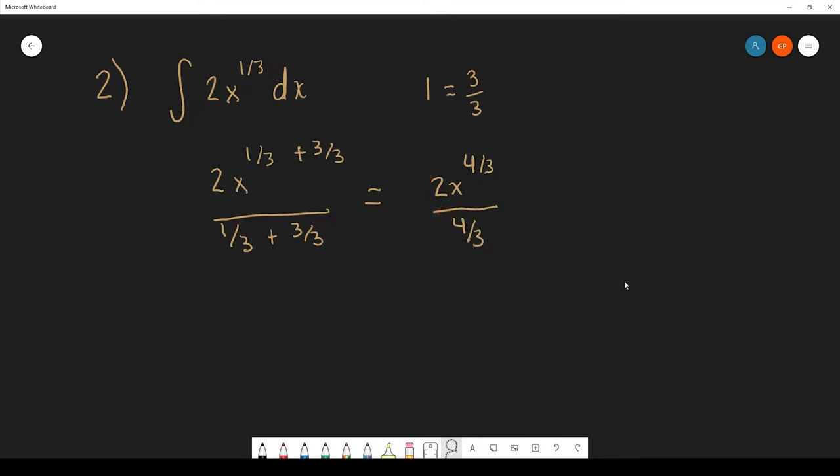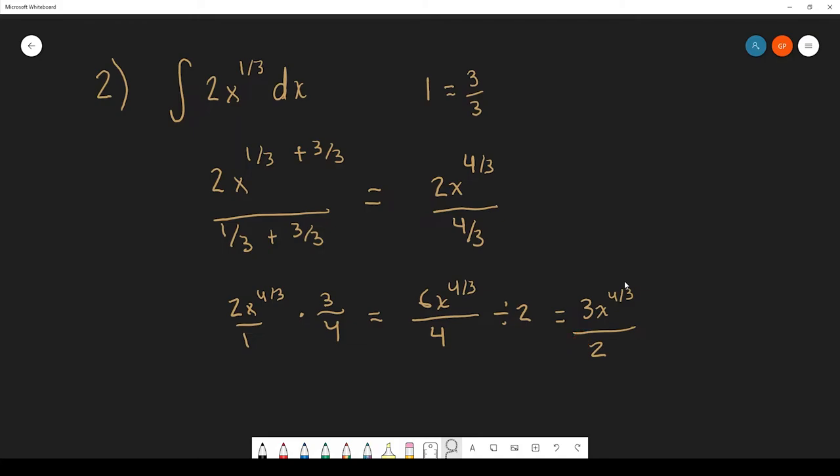Our next step is to simplify this as much as we can, and we're going to do that by doing keep, change, flip to divide the fractions. So this becomes 2x to the 4 over 3 times 3 over 4, which is then 6x to the 4 over 3 power over 4. Next, we simplify this fraction by dividing by 2, and we get 3x to the 4 over 3 power over 2.